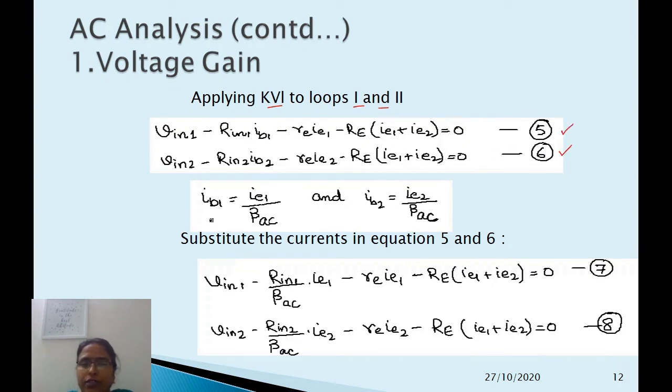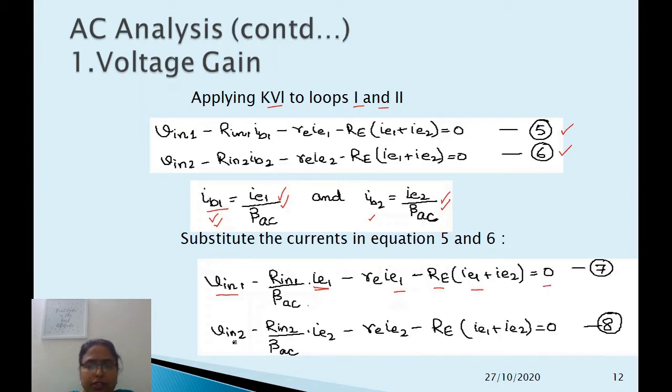We also know that IB1 is equal to IE1 upon beta AC and IB2 equal to IE2 upon beta AC. Now substituting these values of IB1 and IB2 in these two equations, what will we get? The 5th equation becomes Vin1 minus Rin1 into IB1, and IB1 is IE1 upon beta AC, minus RE into IE1 minus RE into (IE1 plus IE2) equal to 0.